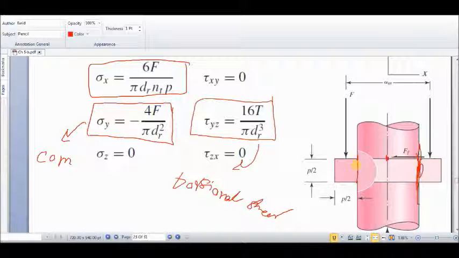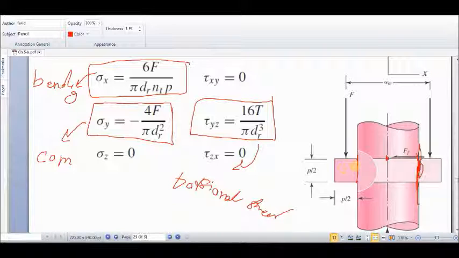This time we are talking about the root of the thread. These two exist on the body, but the location of maximum stress of the body also falls on the root of the thread. But in this particular case, this equation is bending of the thread. The bending on this thread, you can find by using this equation.